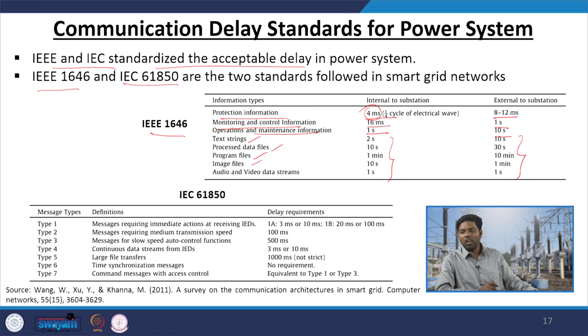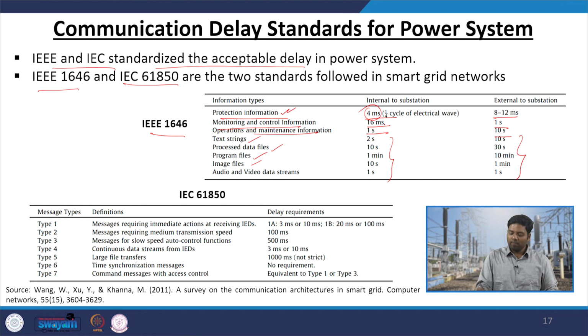If you go beyond that, then your system is not standardized, or the communication topology you are designing is not standardized. For example, if your protection information is coming from the substation or from the area at, let us say, 20 millisecond, that means you already missed your train, you missed your protection equipment to operate.